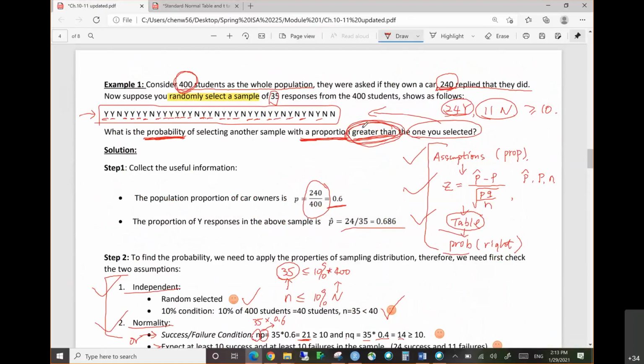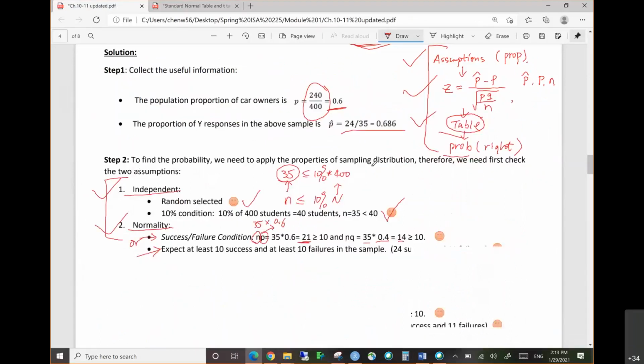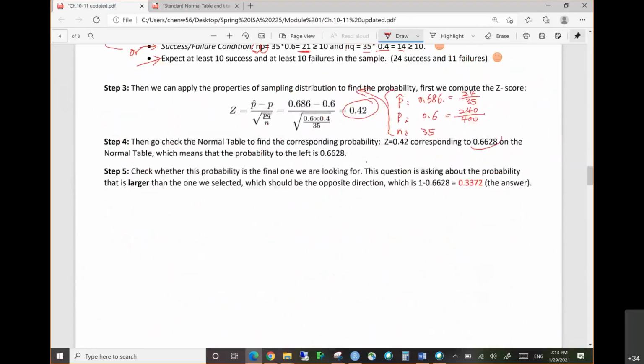We want the probability greater than the one you selected. That means whatever you find from the normal table, you subtract from 1, which gives 0.3372. Got it? All right, so any questions?